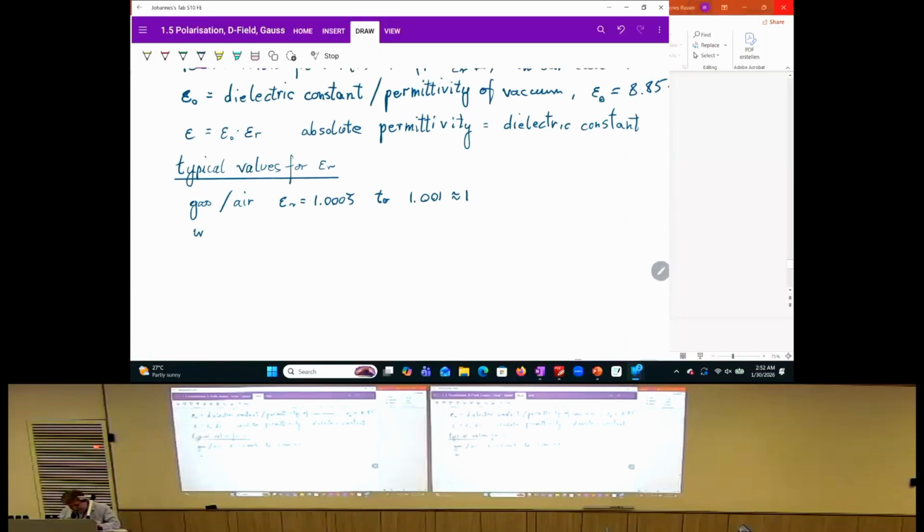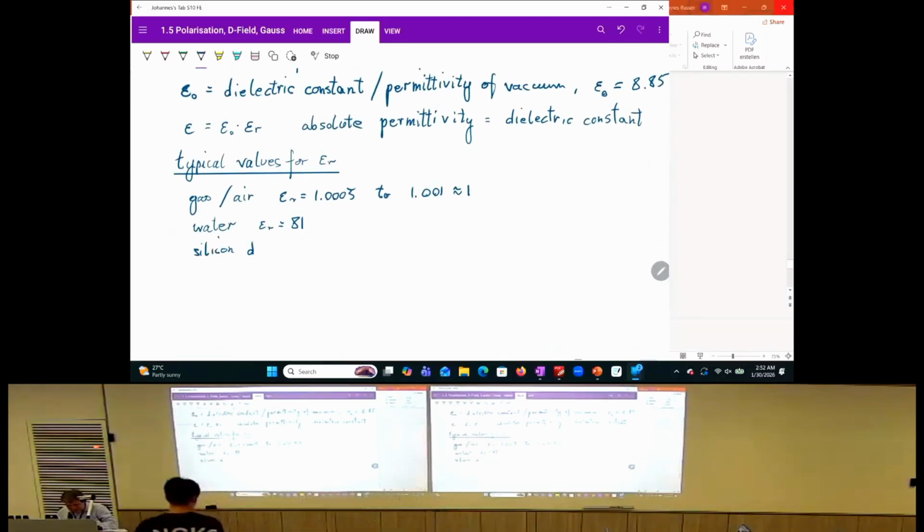Very different, for example, is water. These water molecules are very highly polarizable. We have a very large number, which is on the order of 81. More common, you might encounter things like silicon dioxide, just to give you some examples. Silicon dioxide would have a relative permittivity ranging from 4 to 5.